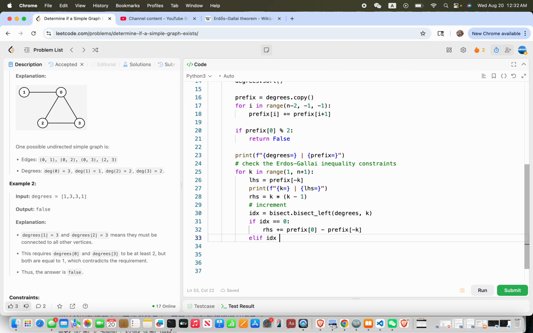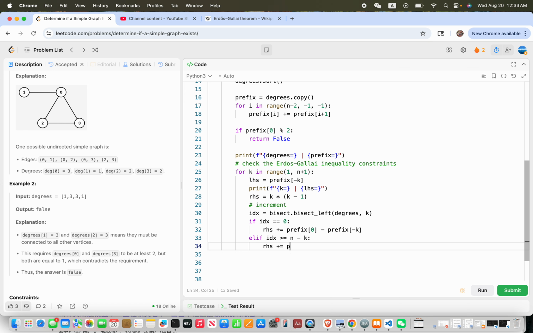Another thing is idx. We compare with it because on the left, we have n minus k terms left. If this is greater than or equal to n minus k, in other words, the n minus k terms we are going to consider are all less than k, then again we do prefix 0 minus prefix negative k, right? The other case is that idx is less than n minus k.